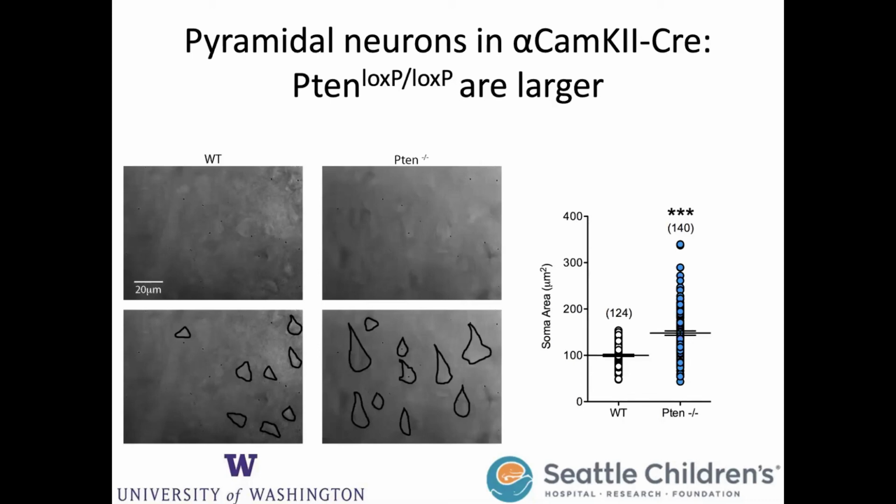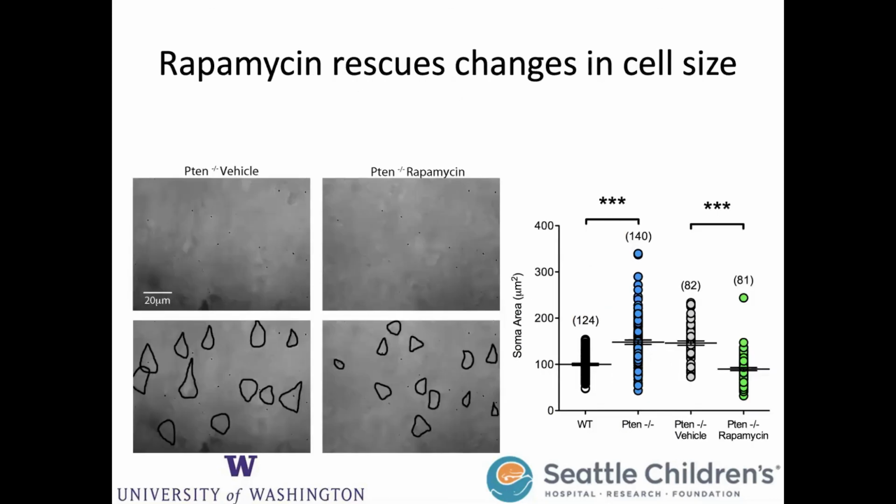In the conditionally PTEN deleted neurons, in which mTOR levels are overactivated, these cells are much larger, and that's what you see there on the right. They're about 50 to 100% larger than the wild type counterparts. When you give these animals rapamycin and you restore mTOR inhibition, the cells get small again. That's what you see here.